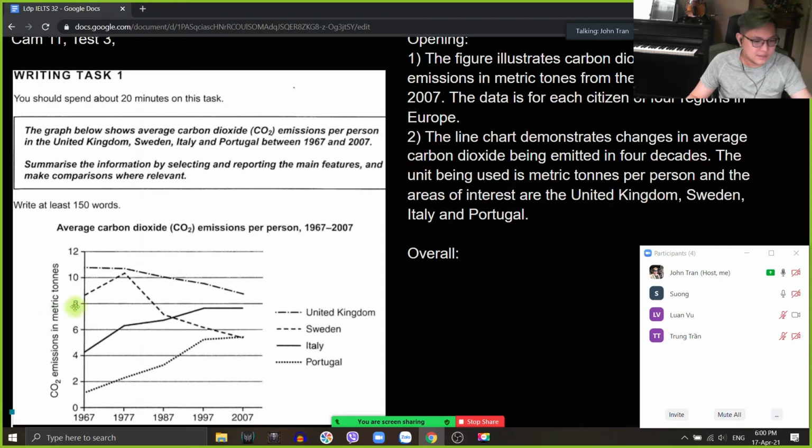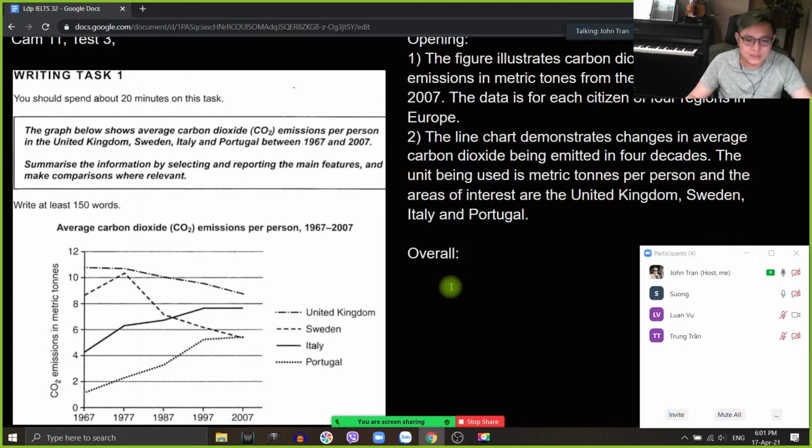If the thing is just so easy to see, you can mention the overall right at the opening. Nếu mà cái ý mà các bạn có thể nhìn thấy được ngay lập tức và dễ nhìn thấy quá, thì có thể viết nó ngay ở cái đoạn mở bài cũng được.